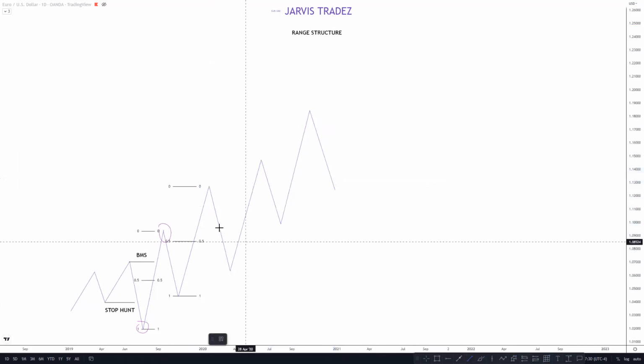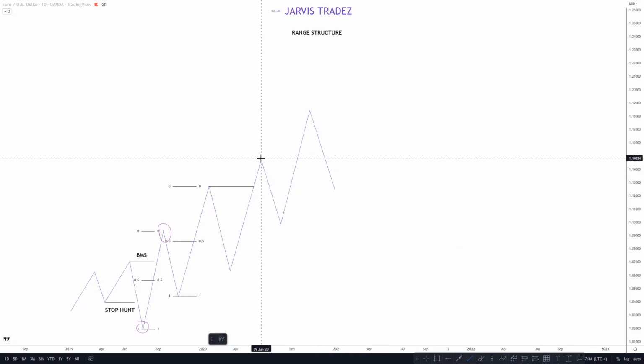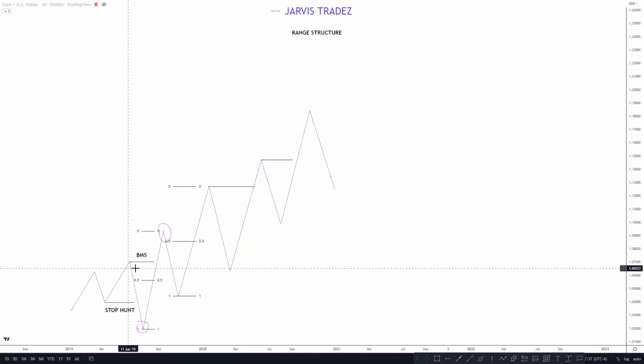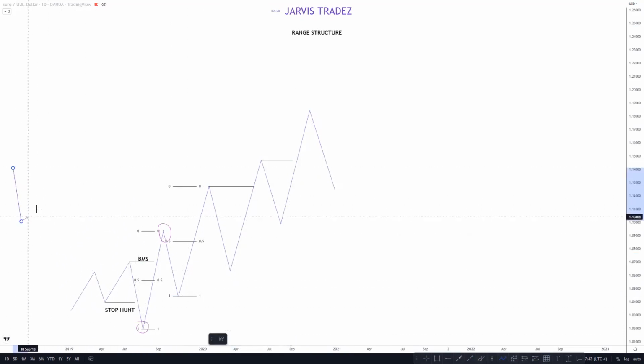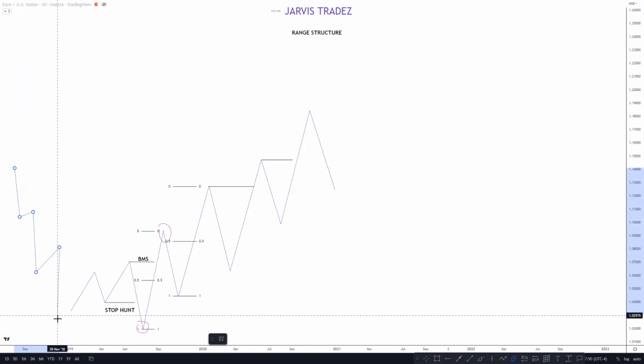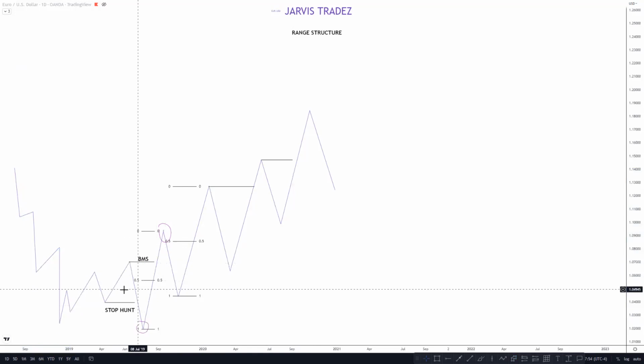So all these breaks are not BMS. Only the first one is responsible for the change in trend. For instance, price were going downside here, and here price broke towards the upside and took out this lower high and this lower high as well.